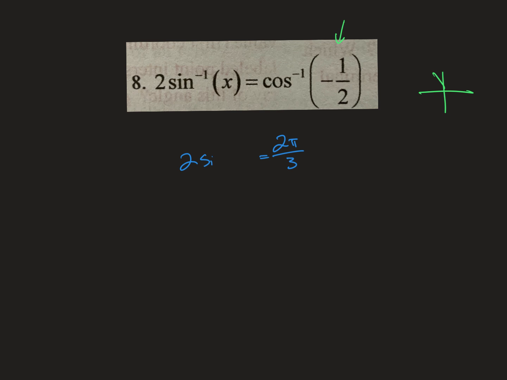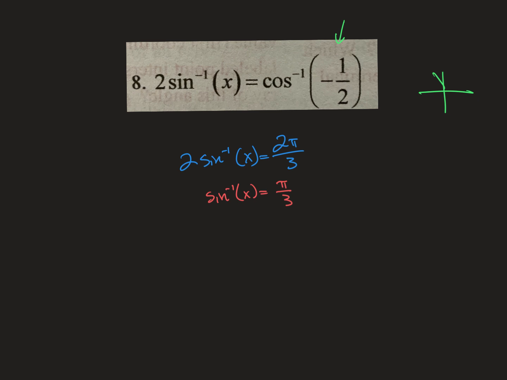So now I have 2 arc sine of x is equal to 2 pi over 3. Now I need to start solving for x. But to isolate arc sine of x, I now need to divide by 2. And when I divide by 2, I end up getting arc sine of x is equal to pi over 3. All right. And so now how do I get to x? What is the inverse operation of arc sining something?